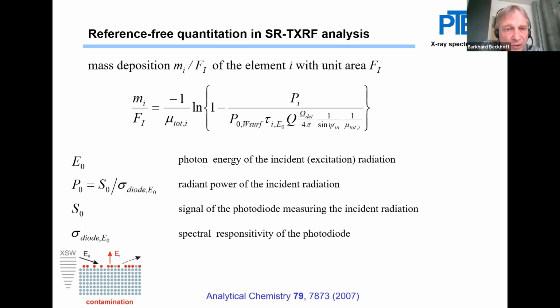So I'd like to briefly show you the kind of quantities that are entering here. The mass deposition means the mass associated with the determined number of atoms of one element divided by unit area, and this can be translated into an expression, a variation of the Sherman equation, that basically contains physical quantities such as the photon energy of the excitation radiation, the radiant power or intensity or flux of the incident radiation.